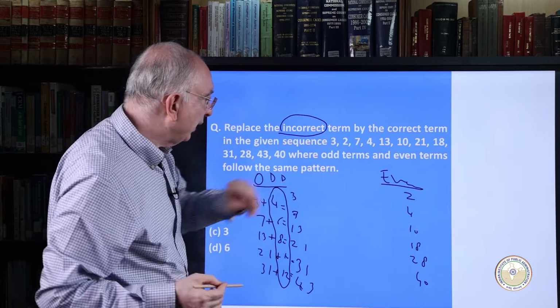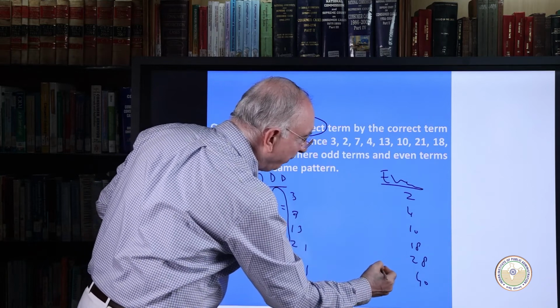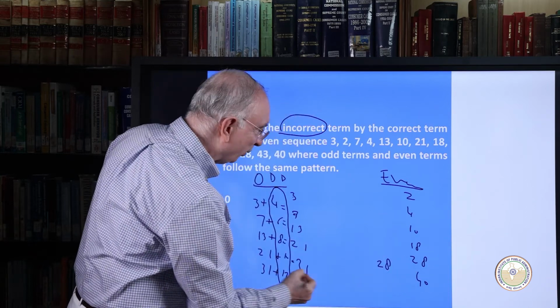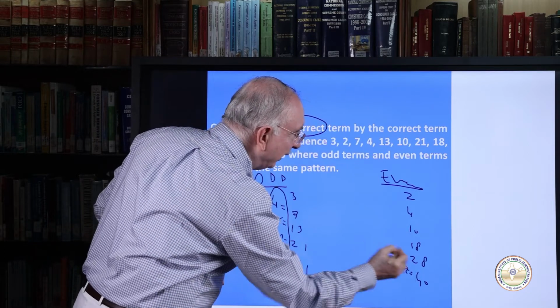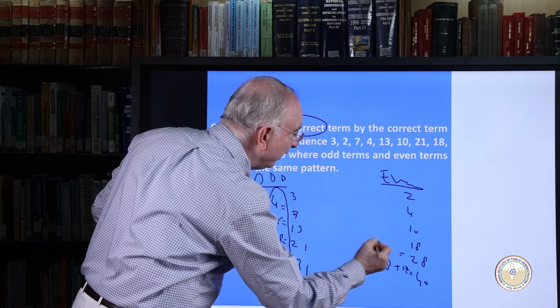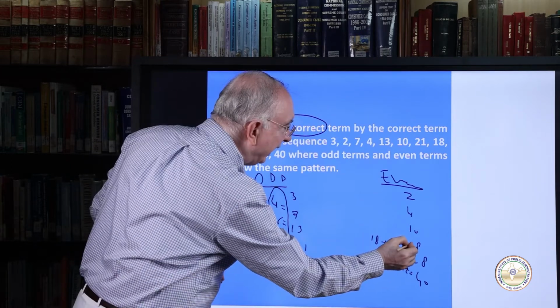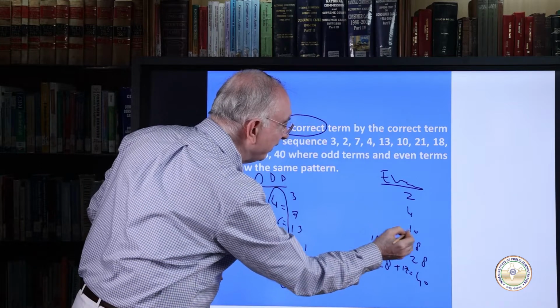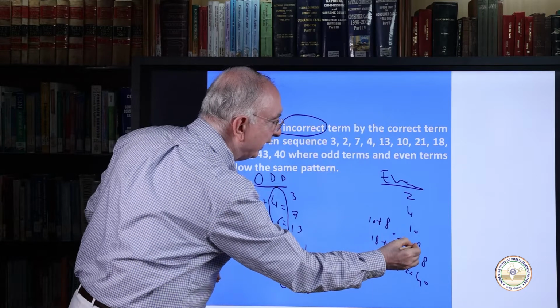Now if we follow the same pattern, how is 40 obtained? See, the previous number is 28, and here also we have to add 12, we get 40. And how is this 28 obtained? The previous number is 18, add 10, similar numbers, we get 28. In 18, how do we get it? The previous number is 10, and if we add 8, then we get 18.